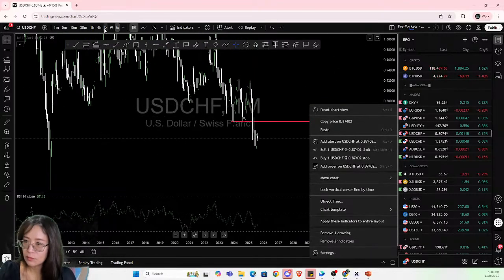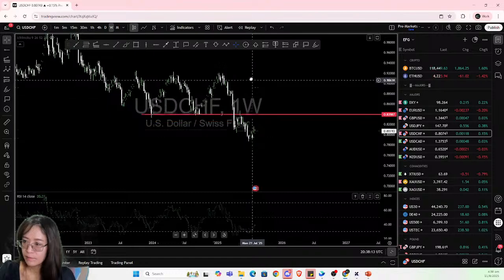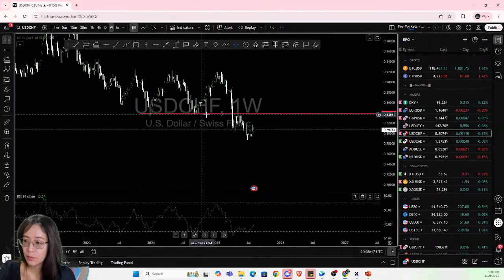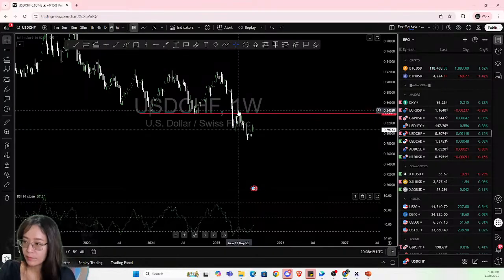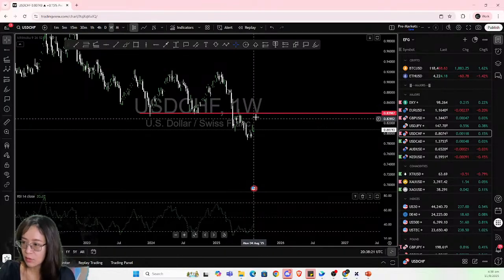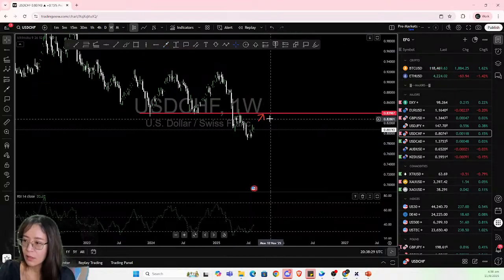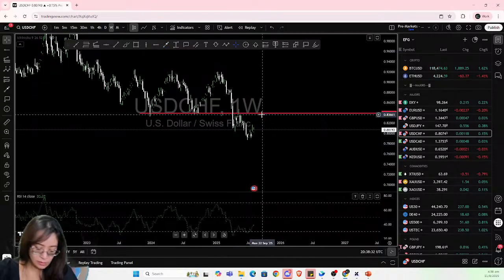Let me go to weekly. You can see the weekly is very clear that price broke below the support, it becomes your resistance level pullback. Now it's called overlapped. Either it's going to pull back again here and then fall. There's no right and wrong.